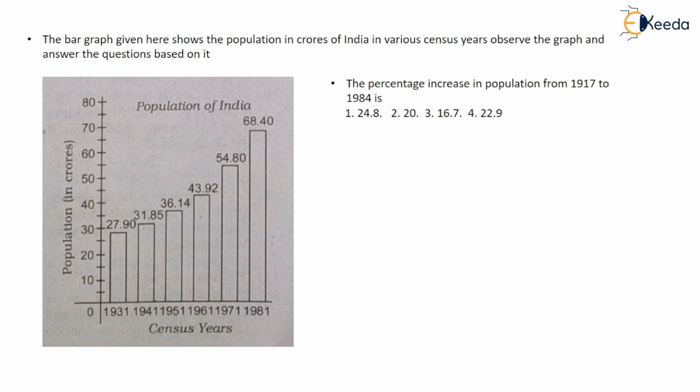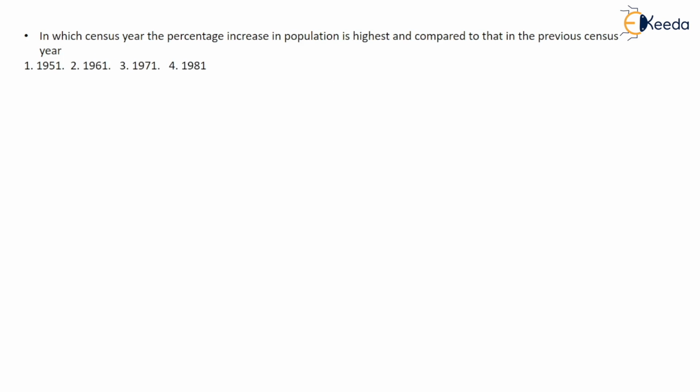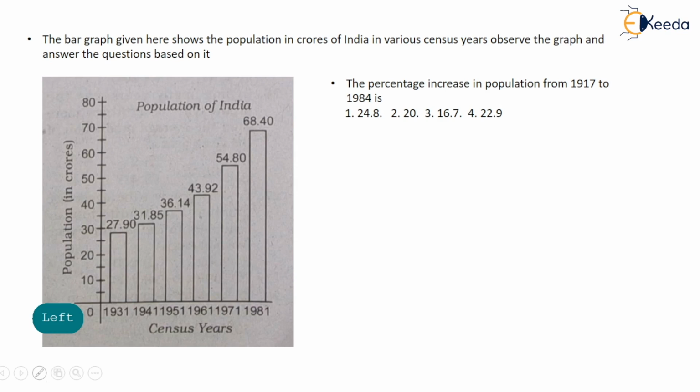So this is your population, that is in crore, right? This is your years, right? And this is the graph that shows the population increase in various years, right? So the first question is... this is not 1917.